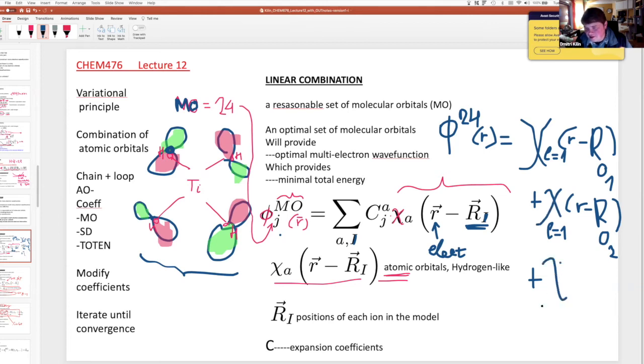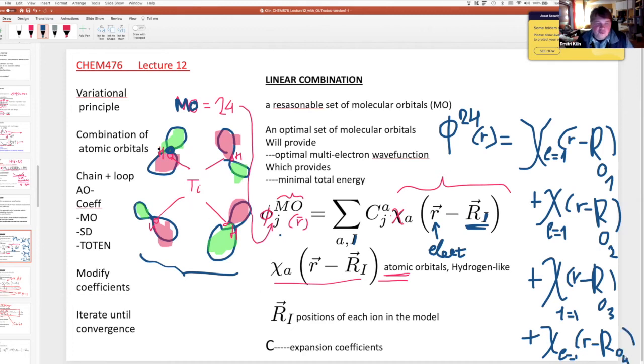So chi with L equals 1 on the oxygen number 3, plus chi with L equals 1 on minus position of oxygen number 4. So we have 4 p orbitals.